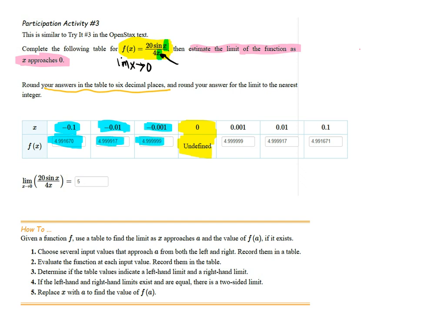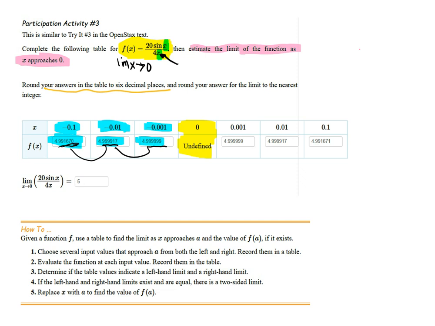If you look at those numbers in blue, they're going from 0.99160 to 0.99917 to 0.9999999. If I went even further and typed in negative 0.0001, I would probably get 4.9999999, I get a lot of nines.